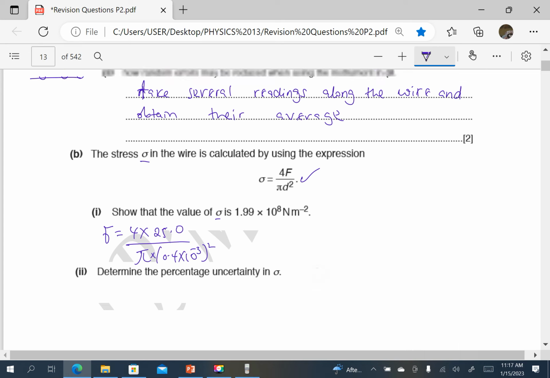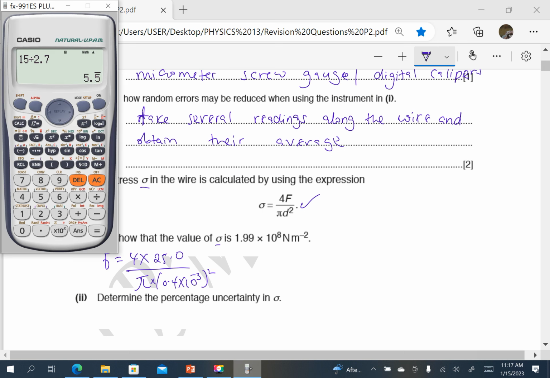So let's check with our calculator. So we have open brackets 4 times 25, close that bracket, divide by pi into brackets 0.4 exponent -3, and this should be squared.